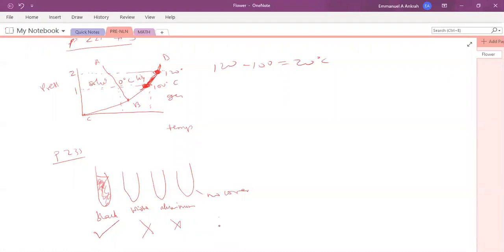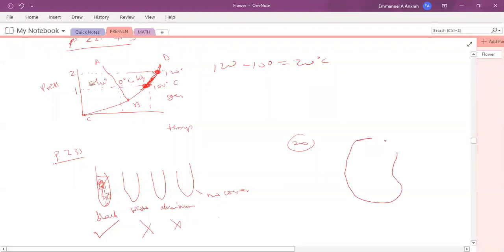All right, so number 20 is a diagram for a seed. In the diagram that is given, which one represents the stored food? So think of the diagram that we had for the seed.